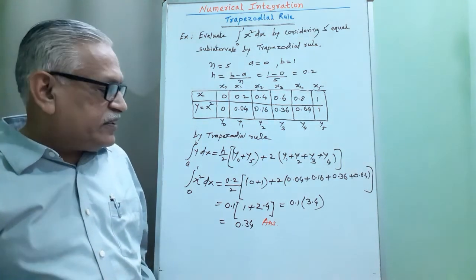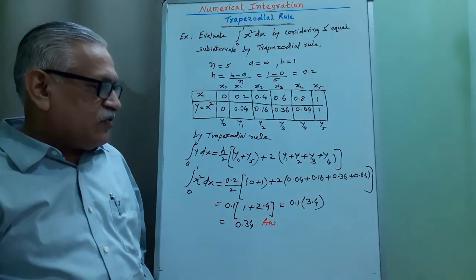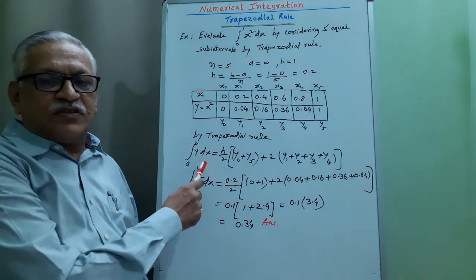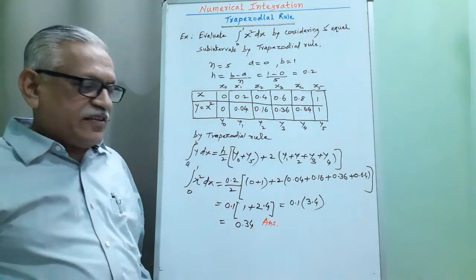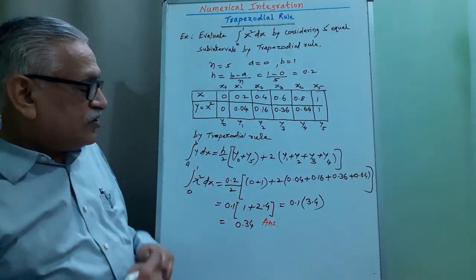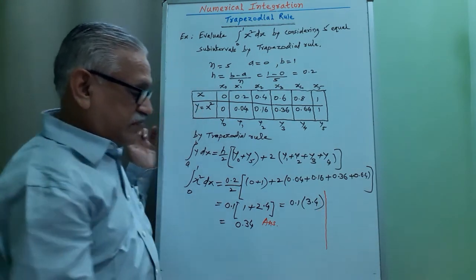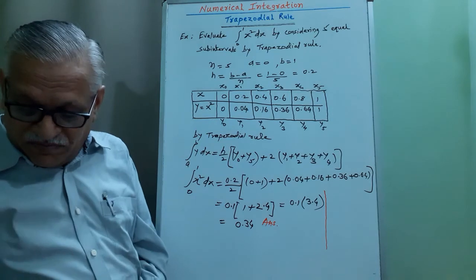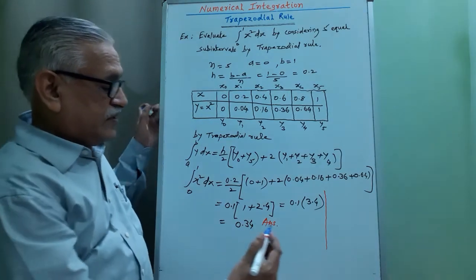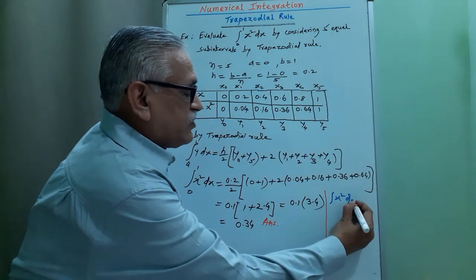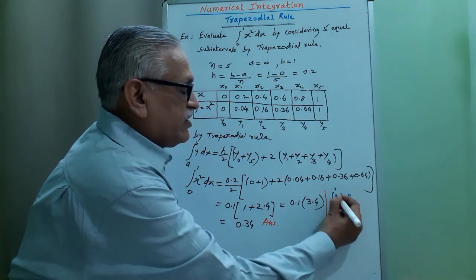Then we compare this with the exact value. Exact value means we perform its integration directly and substitute the upper and lower limit to get the exact value. And therefore, that I will perform here. It is integration of x square with respect to x between limit 0 to 1.